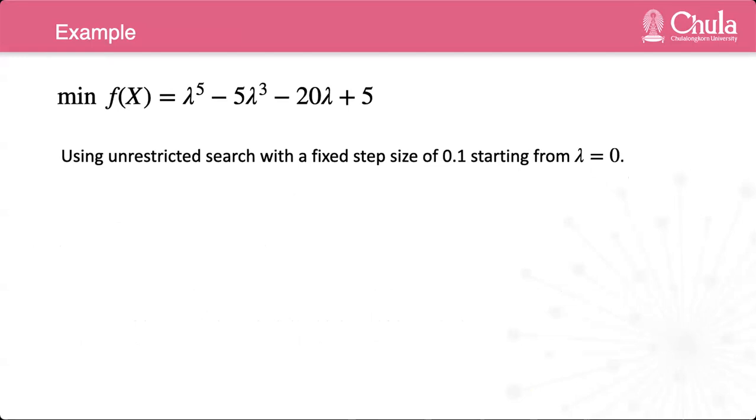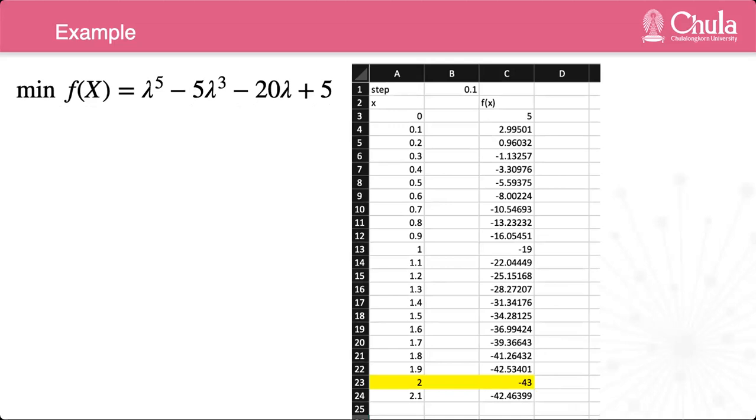Another example is using heuristic search with a fixed step size of 0.1 starting from lambda at 0. Of course, you can use Excel if you want. Define the step size and then evaluate the objective function, and then we see there is an inflection somewhere here.